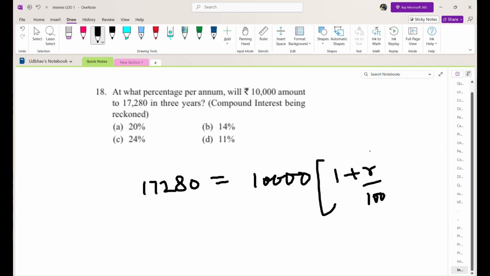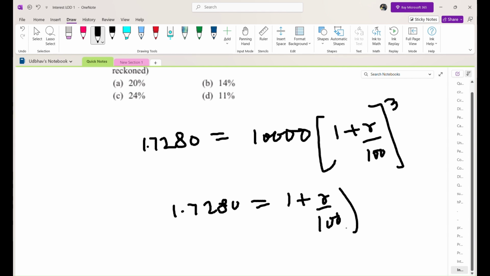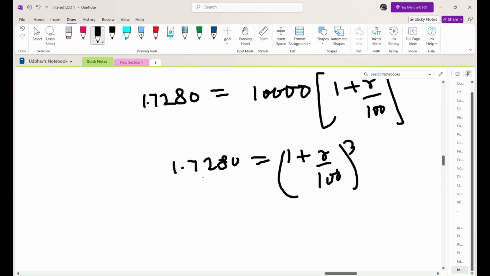We have to find this R in 3 years. So 17280 divided by 10,000 will give us 1.7280 equals 1 plus R upon 100 to the power 3. We have to find the cube root of this.